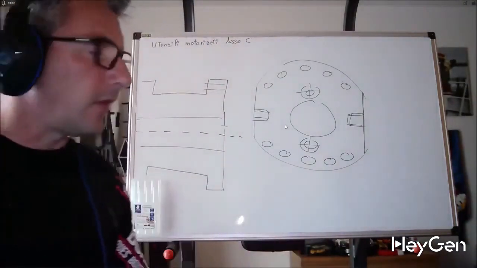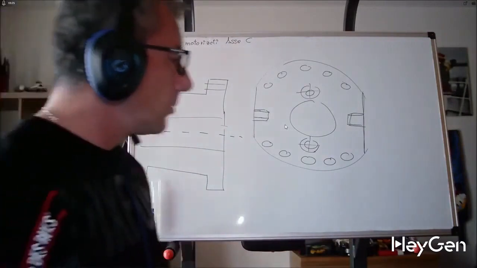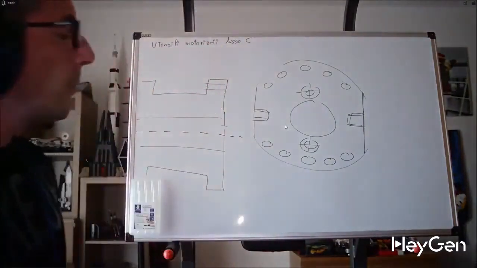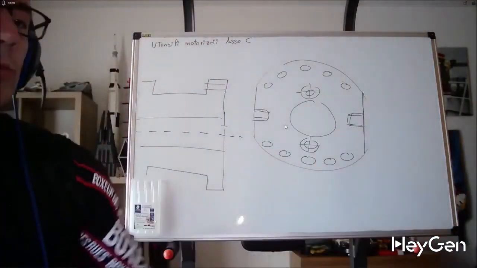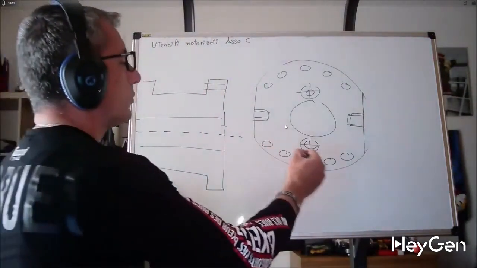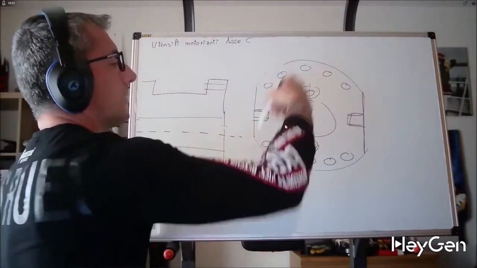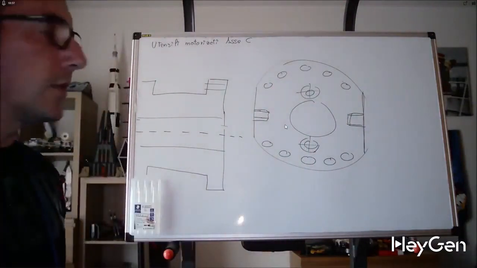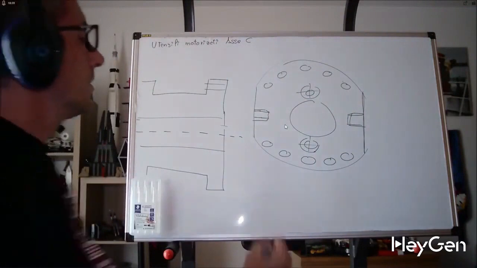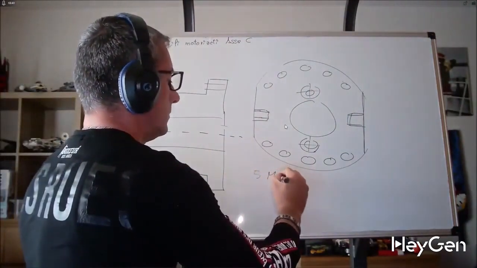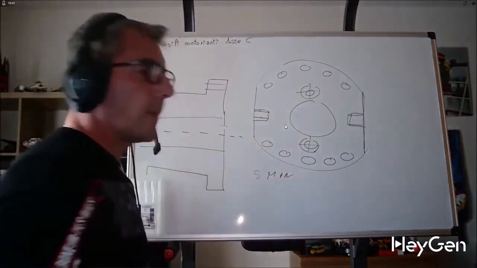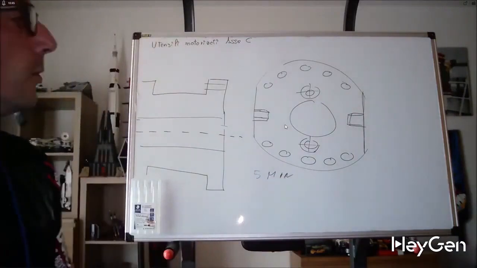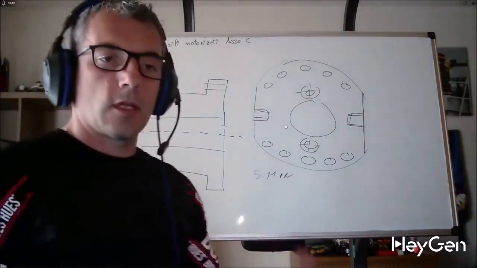I simply have 2 workers, one on a lathe and one on the machining center. How long does it take me on the lathe to do all these operations, having, for example, only 7 kilowatts and 5,000 RPM? It takes me 5 minutes. We're talking about milling work. I take it to the machining center where I have 30,000 RPM.